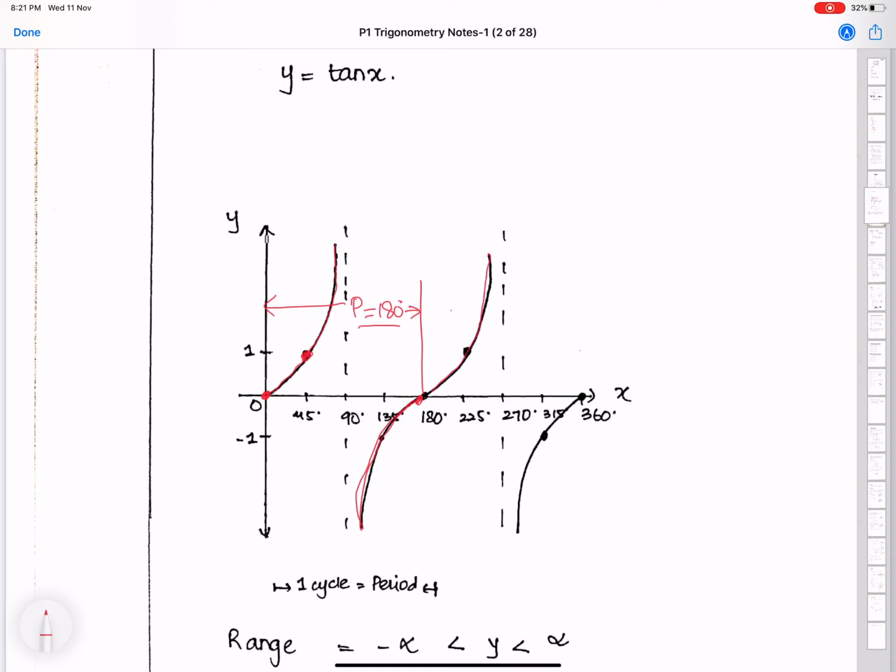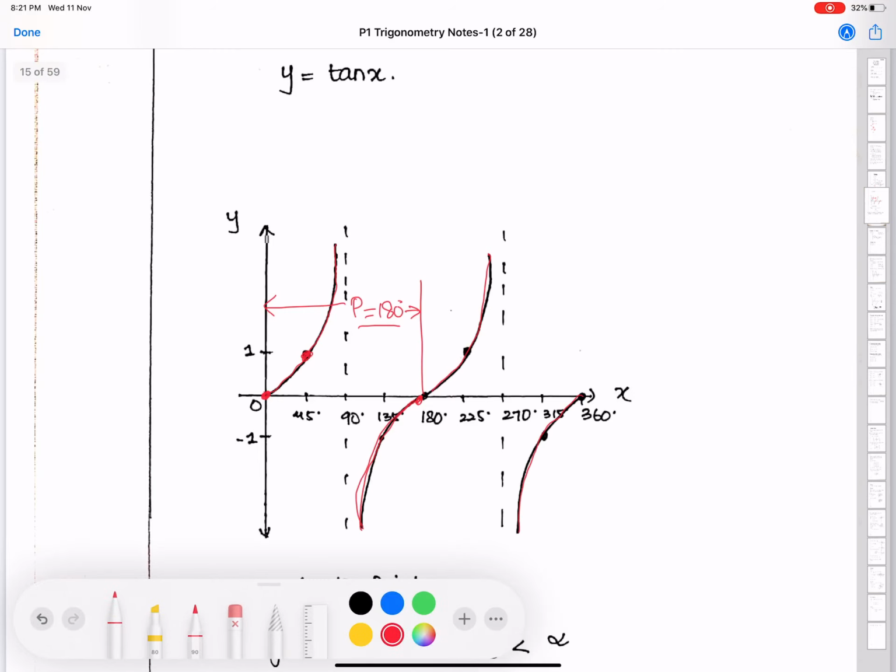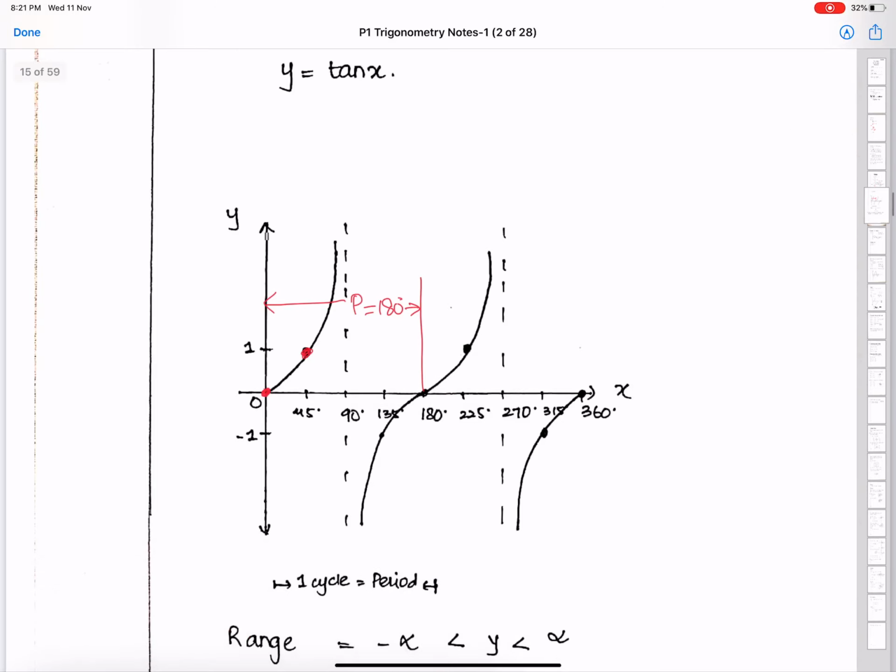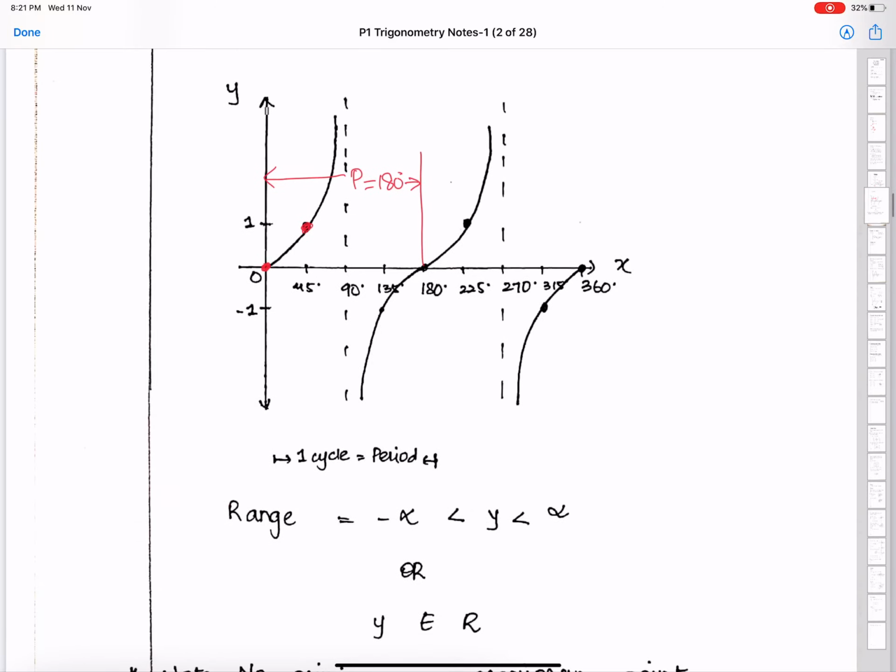Since the domain is 360, that is why we have drawn two curves. The period of tan is 180, so there are two curves for 360. And the range of tan is from minus infinity to plus infinity.